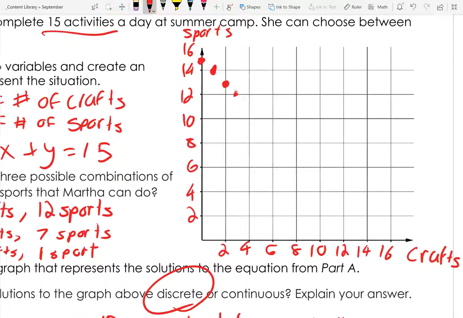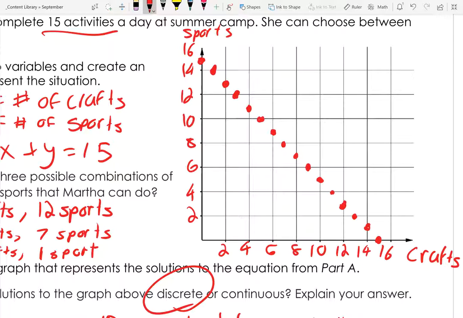I can do 12 and 3, 11 and 4, 10 and 5, 9 and 6, 8 and 7, 7 and 8, 6 and 9, 5 and 10, 4 and 11, 3 and 12, 2 and 13, 1 and 14, or 0 and 15. That is every single possible outcome on that graph. So if you do it by 5s, keep in mind you still have to graph every single outcome, but you won't have as much room for the detail here.